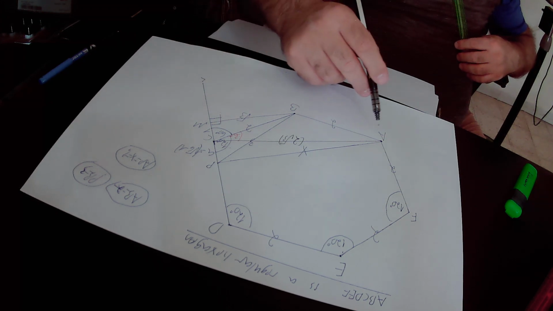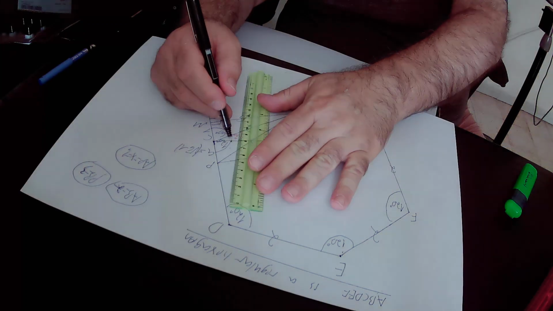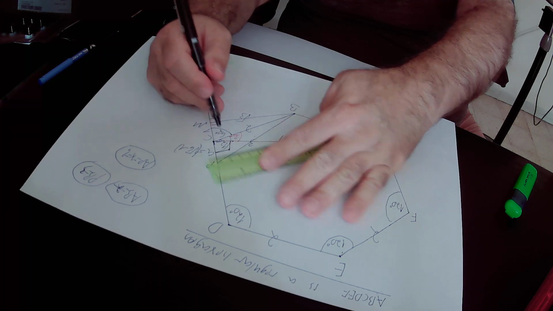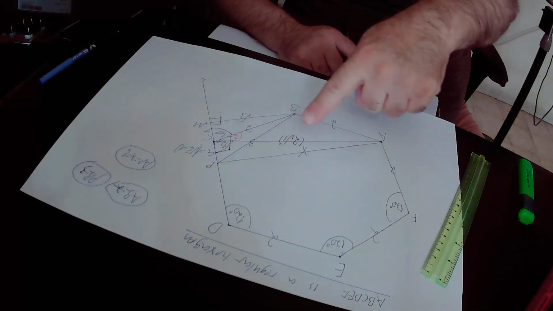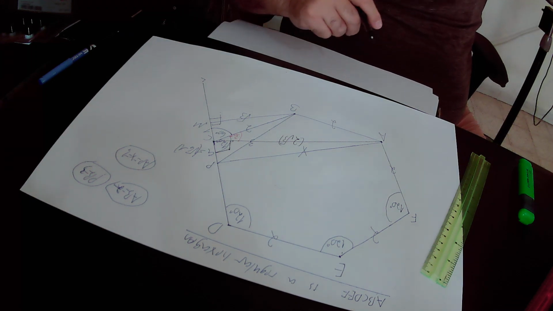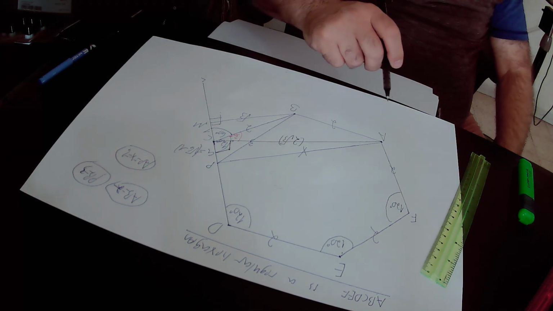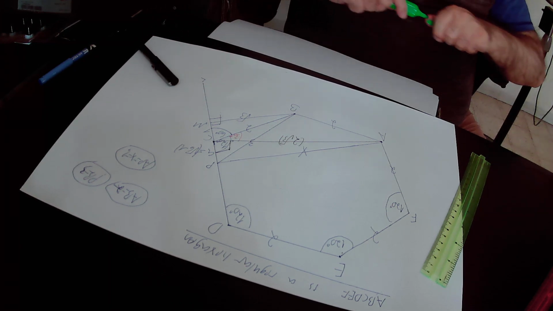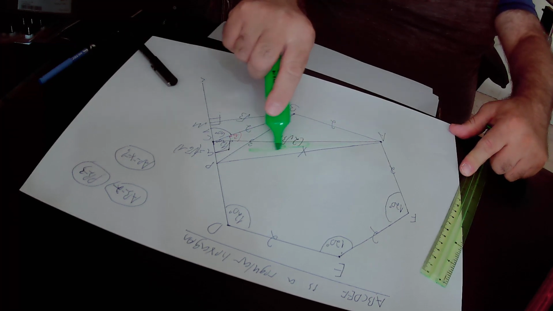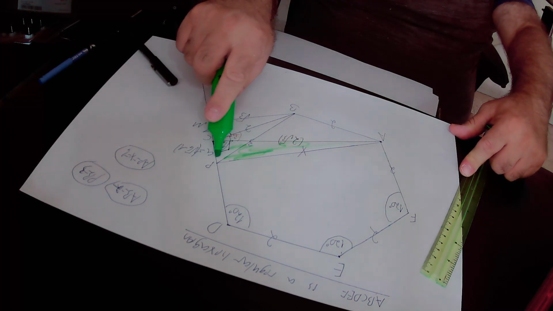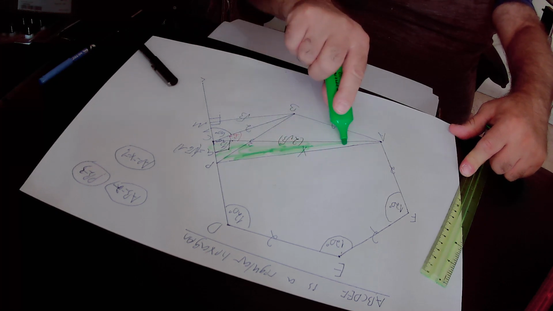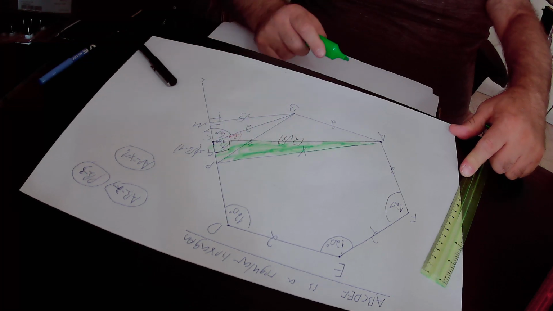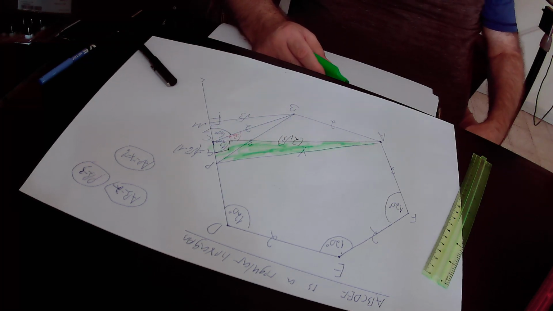And because angle PCA is a right angle, therefore triangle PCA must be a right triangle. The green triangle PCA is a right triangle because angle PCA is a right angle. So in the next step we will implement the Pythagoras theorem on the right green triangle PCA.